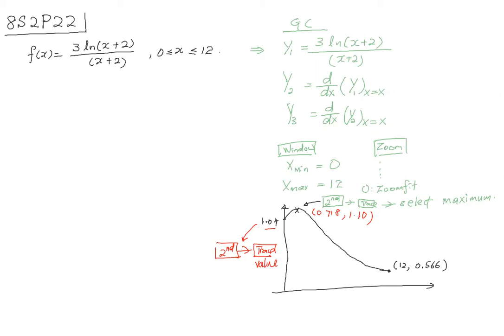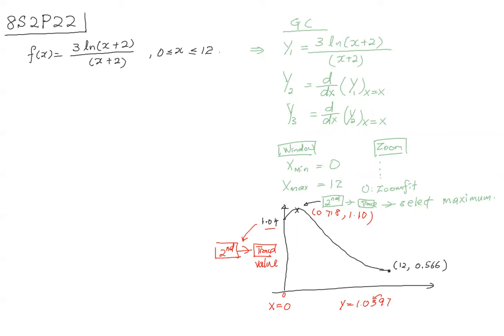Then on the screen with the graph, they will have an X equal to come out. So you want to know when X equal to 0, because this is the origin. So you type in 0, then you press enter. So what comes out here will be Y equal to 1.0397. So I round off.